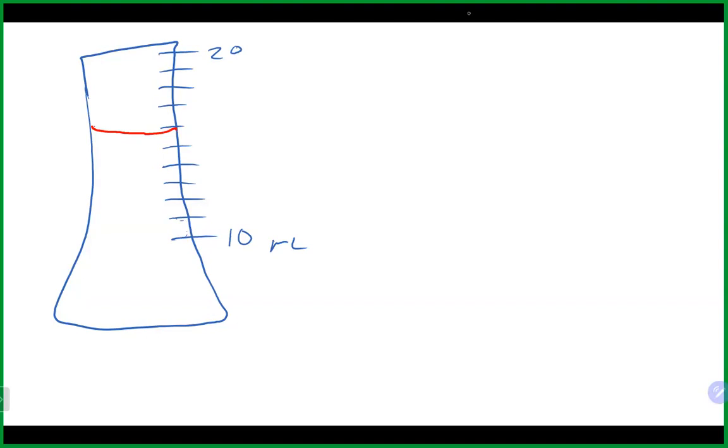Now, whenever we put a liquid into, say, a glass container, we typically will see the curvature of the liquid. Probably not that dramatic, but some type of curvature of the liquid. Basically, this is what is known as the meniscus. And we usually always read from the bottom of the meniscus is where you want to take the reading from.